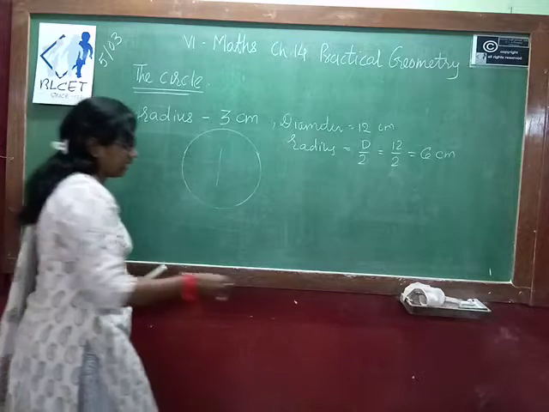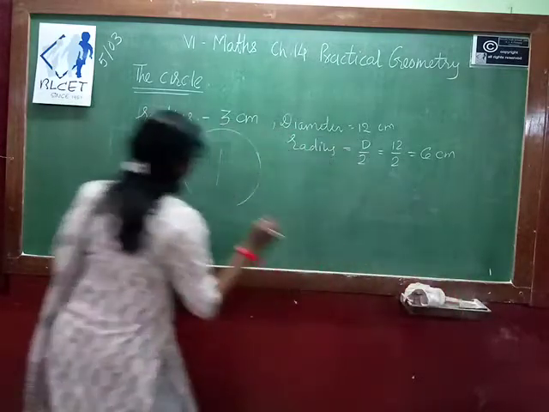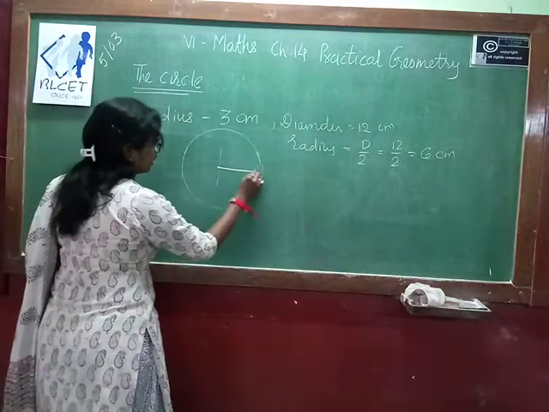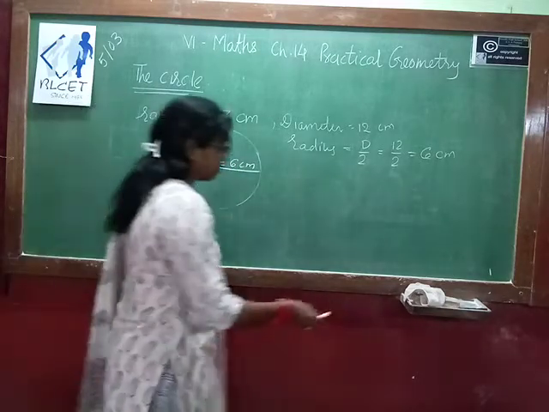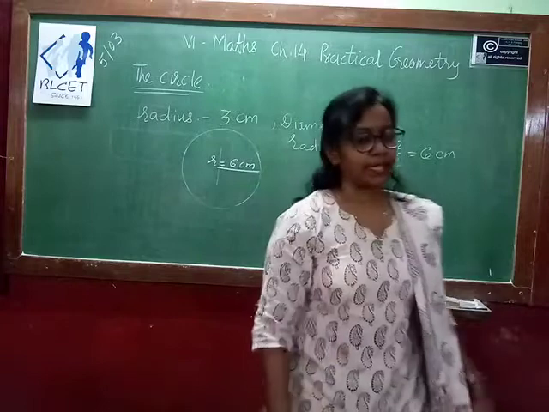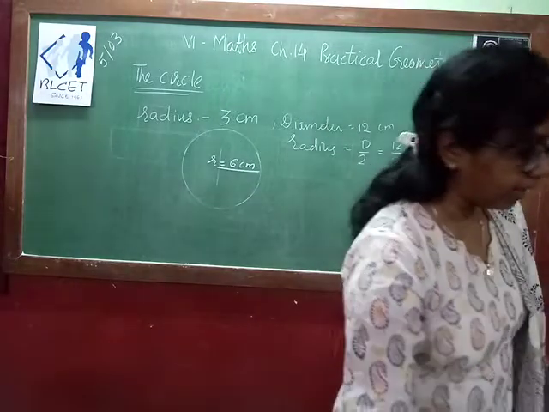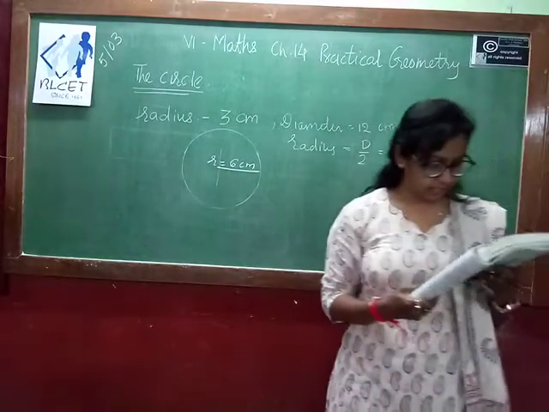So this way we can draw a circle of radius 6 centimeter, whose diameter is 12 centimeter. So this is how we can draw the circle with the given measurements.